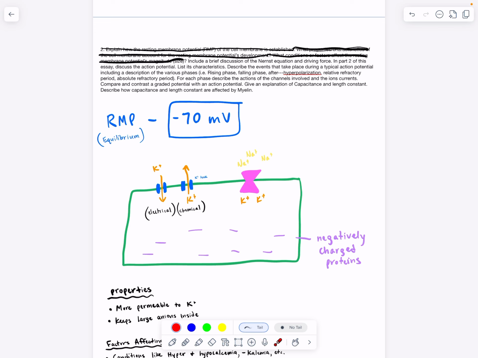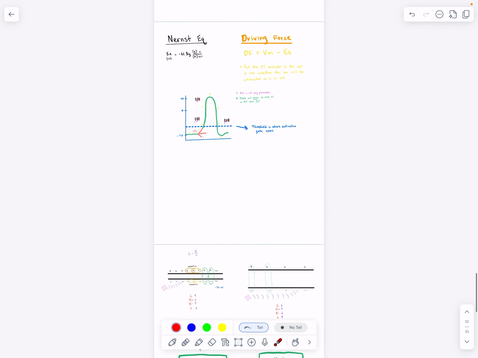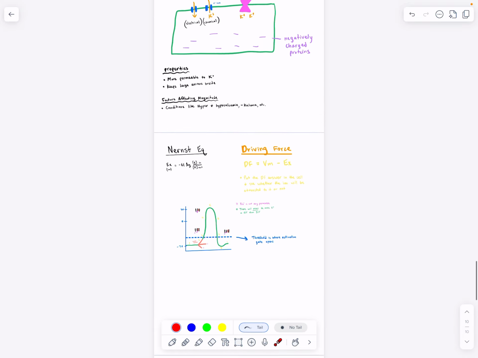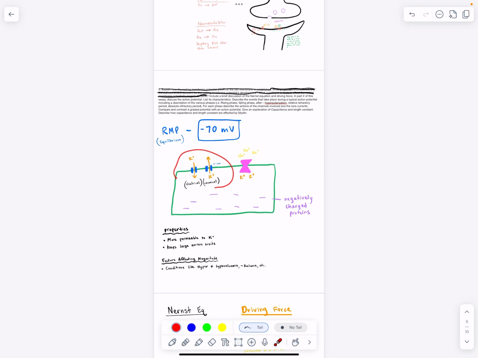So this little part, Nernst equation, driving force. What the Nernst equation does is it determines the equilibrium potential for a single ion, or basically where this net flow that we talked about is at equilibrium. We can do that for any ion, basically.